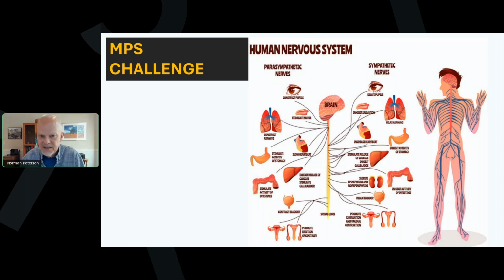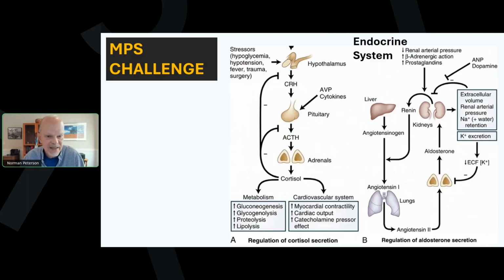We know the human nervous system goes from the brain to the nerves and feeds into all of these different organs, and that it has a profound effect on disease progression. There isn't an MPS system around that has these tissues with an intact nervous system that goes back to the central nervous system. So that's one deficit.